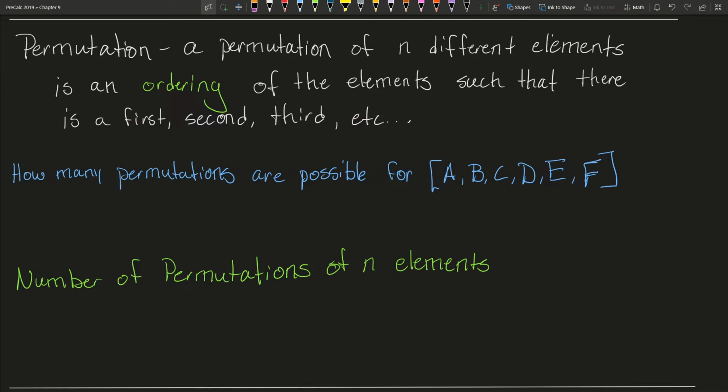All right, another counting principle that we need to know is what a permutation actually is. A permutation of some number of elements is an ordering of those elements such that there are first, second, third, and so on positions.